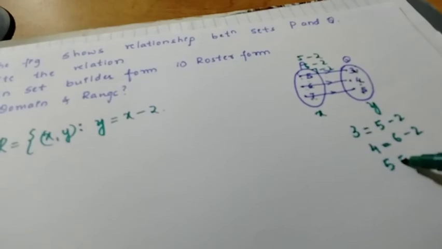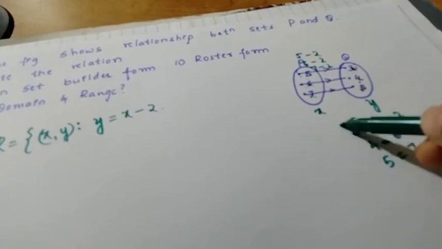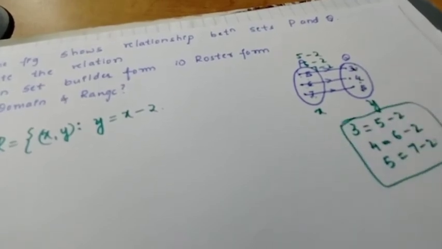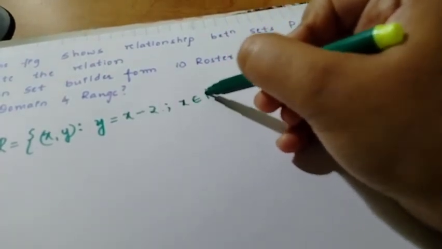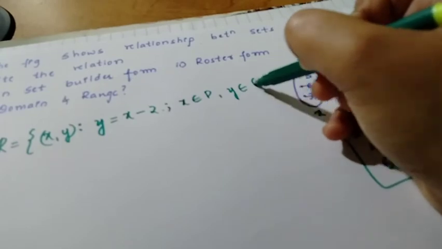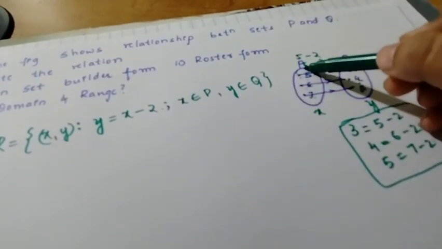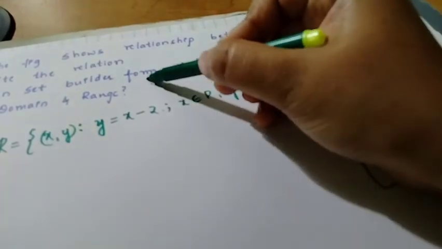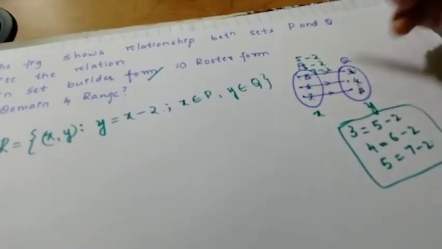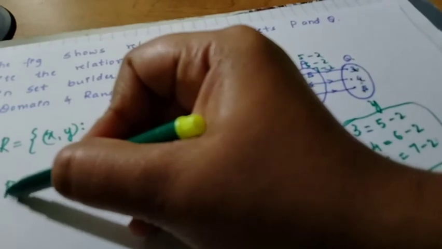Then 5 is equal to 7 minus 2. Okay. y is equal to x minus 2 such that x belongs to P and y belongs to Q, because the sets given are P and Q. This is the relation in set builder form.